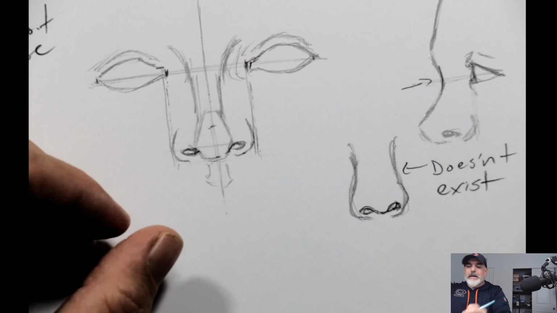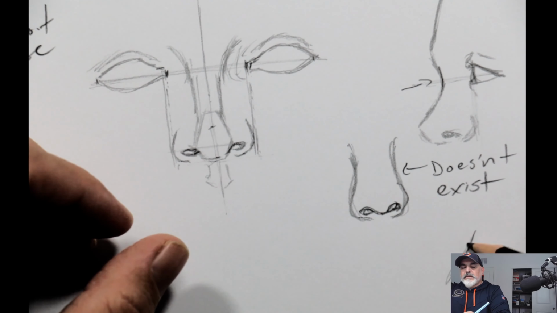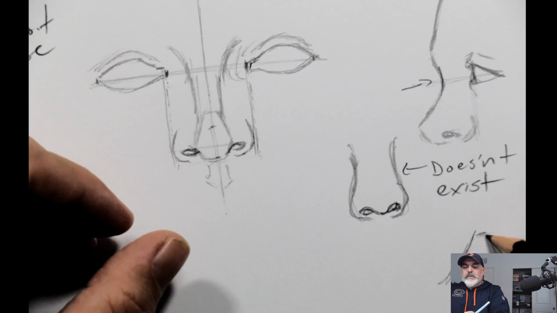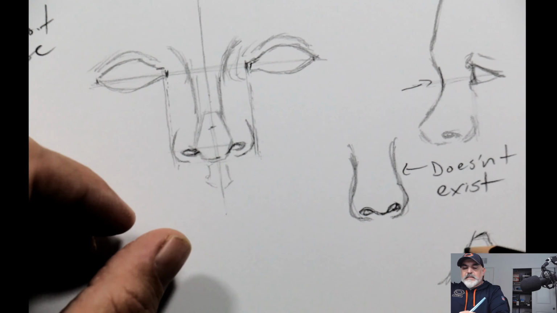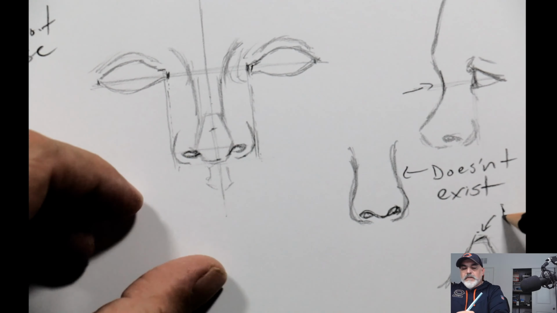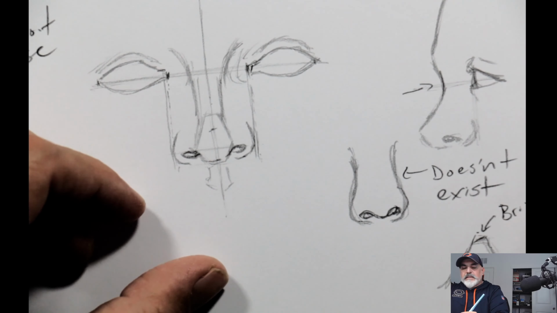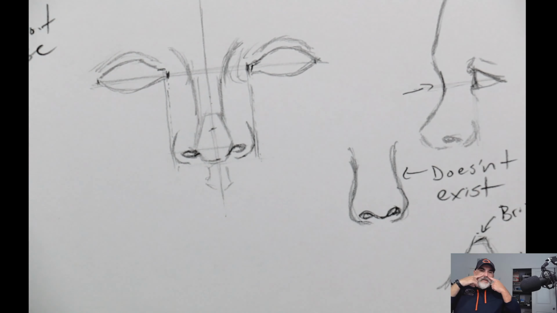I'm going to draw a mountain. This mountain is going to be steep with a narrow ridge. We're going to say that this top right here is our bridge of the nose, and this is the side, where it just angles off.